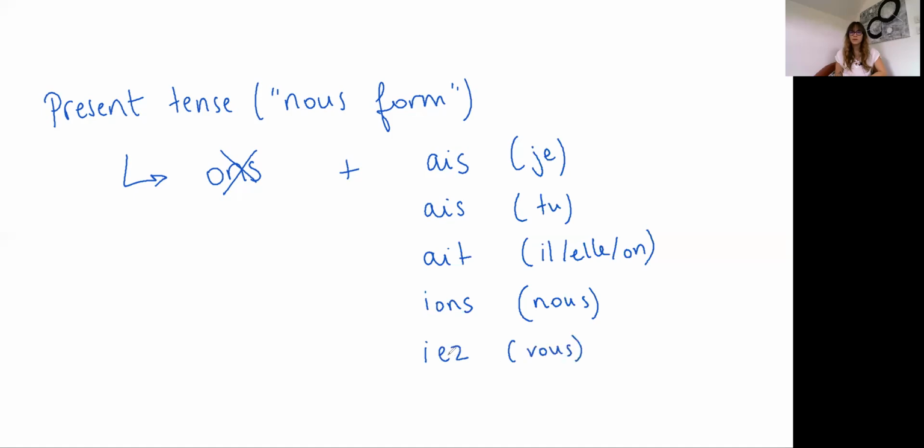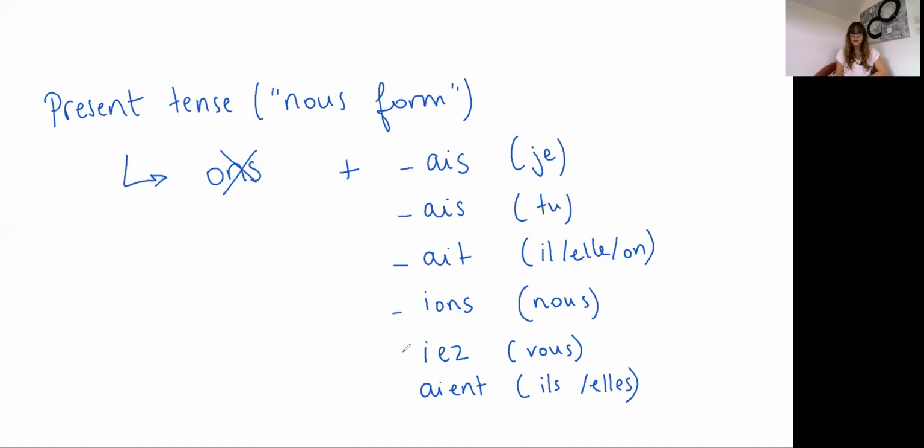Same here, ez is the usual ending for vous, but adding the i in front just shouts, hey there, I'm actually using the imperfect. And aient for ils or elles. Okay, so those are the endings of the imperfect that you're going to need to learn really, really well.